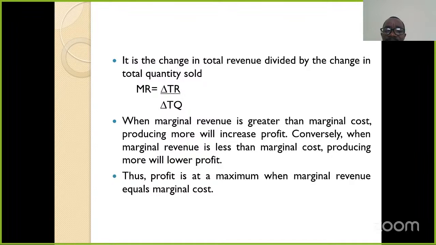On the other hand, when the marginal revenue is less than the marginal cost, producing more will lower the profit. That's beyond the point where marginal revenue equals marginal cost. You now start making lower profits, and in the end, you start making losses.